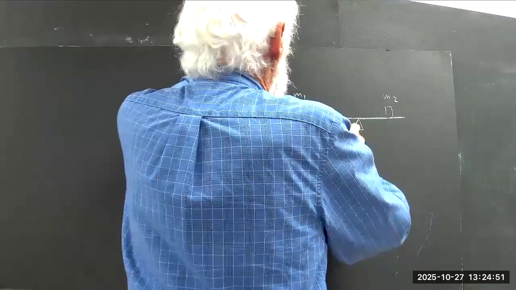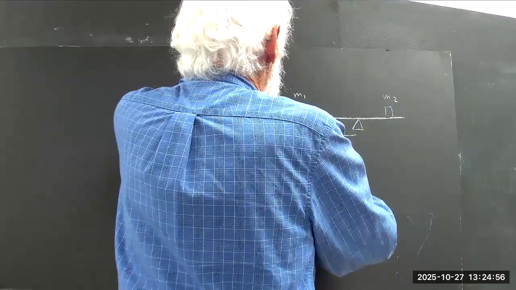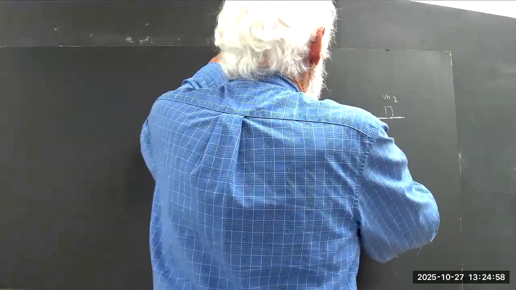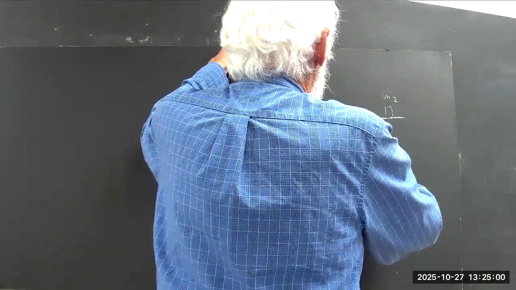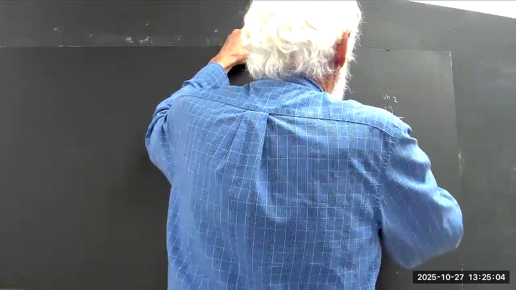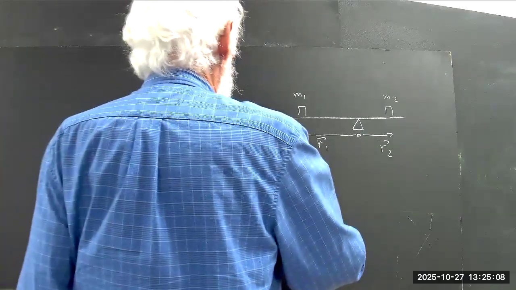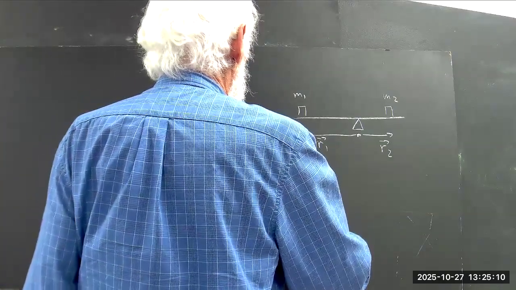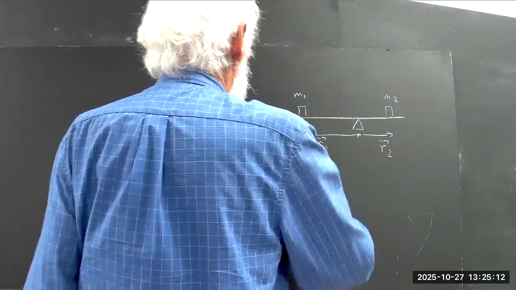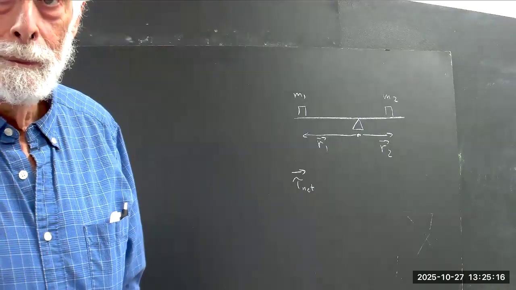And we've got a vector R1 here, and a vector R2 here. The net torque is a vector.